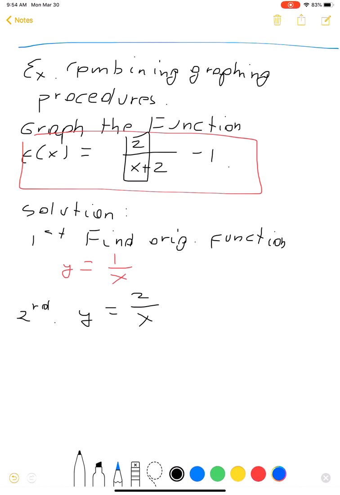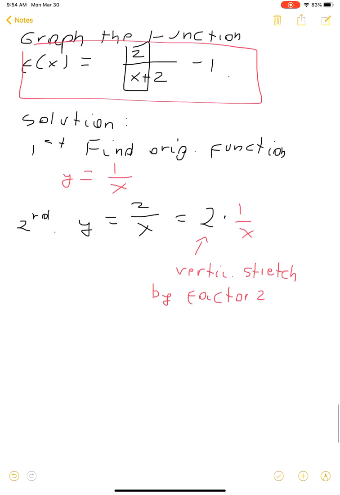We took the original graph, so this is the same as 2 times the original graph, which is 1 over x. So let's describe that transformation. Here we have a vertical stretch by factor 2. I want you to recognize the transformation by factor 2.